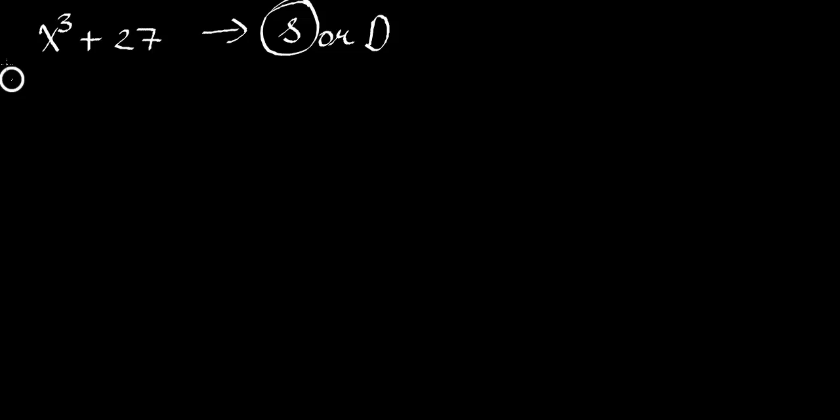No matter what, you have to take the cube root of each term. So the cube root, what do we get? Like I said, this and this cancel, and you're left with an x, plus, just carry that plus, the cube root of 27 is a 3.